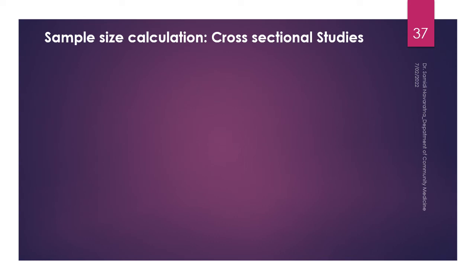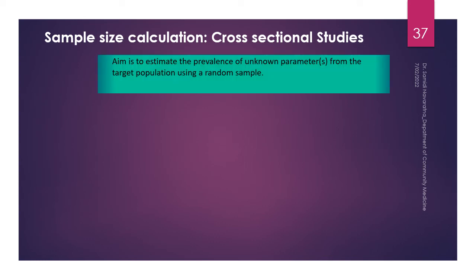As you know, a cross-sectional study is also known as a prevalence study. And the aim of a cross-sectional study is to estimate the prevalence of unknown parameters from the target population using a random sample.